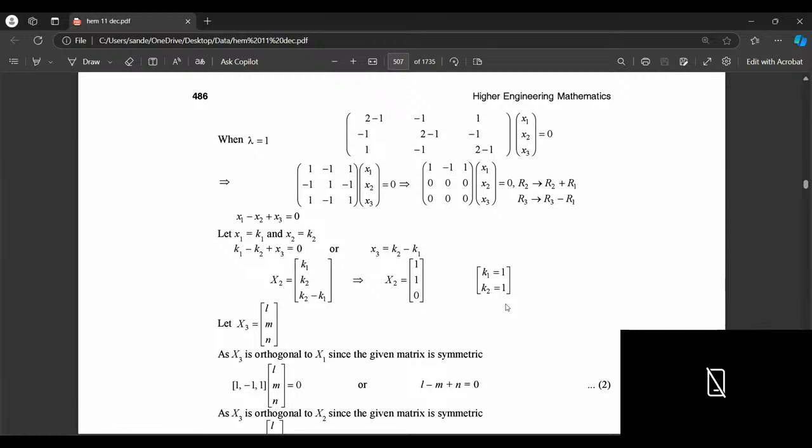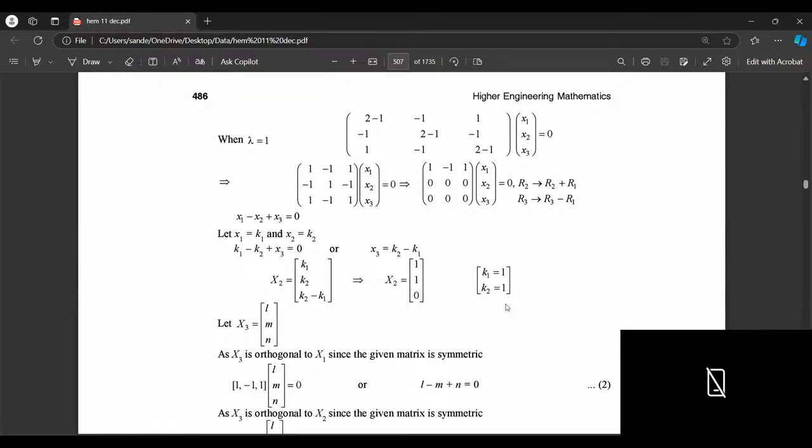Now you see there is one property for eigenvectors. For a symmetric matrix, two different eigenvectors are orthogonal. The first eigenvector we have found, and the second eigenvector for lambda equal to 1 is 1, 1, 0. It means these two eigenvectors are orthogonal. Using this property, now we can find the third eigenvector.